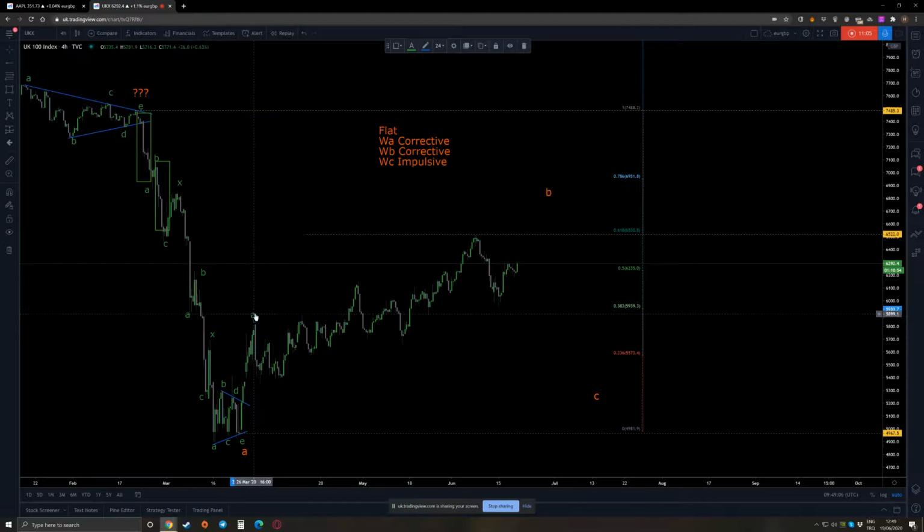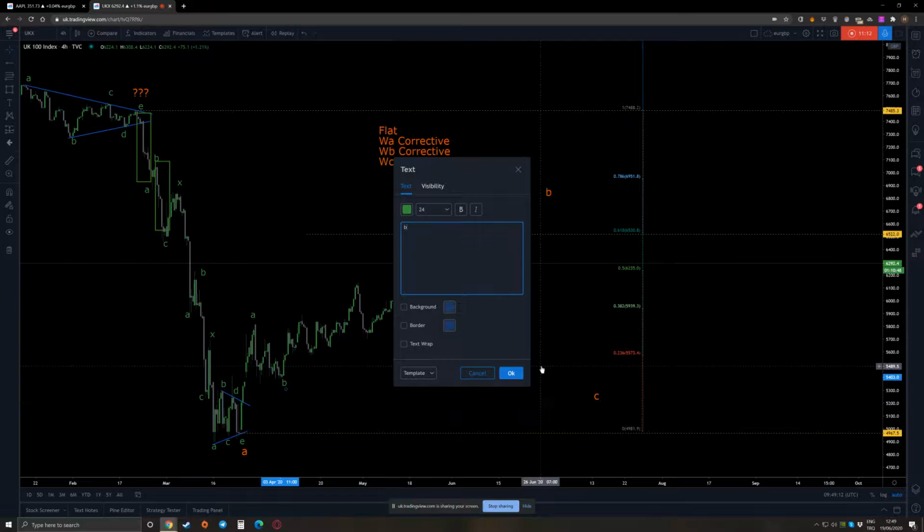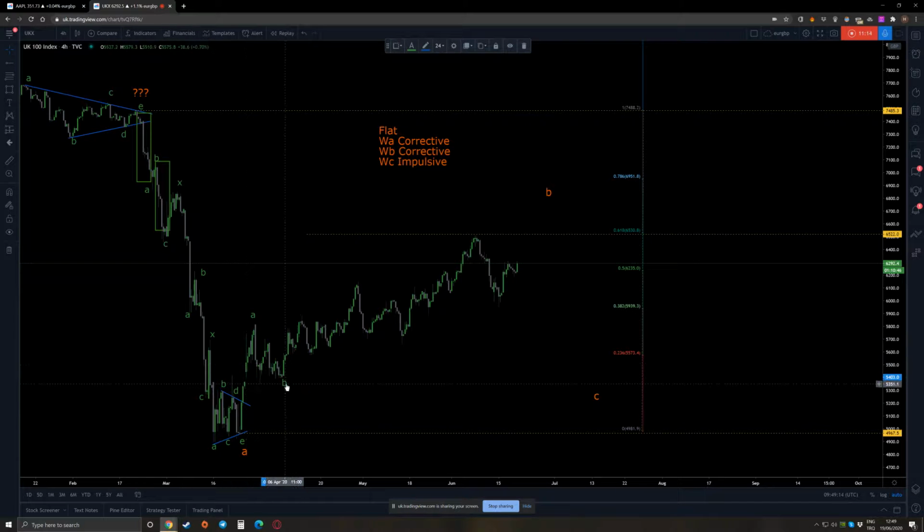Okay, this is what it looks like. And if we have a B wave somewhere around here, like a triangle, it means that we are most likely in a C wave.